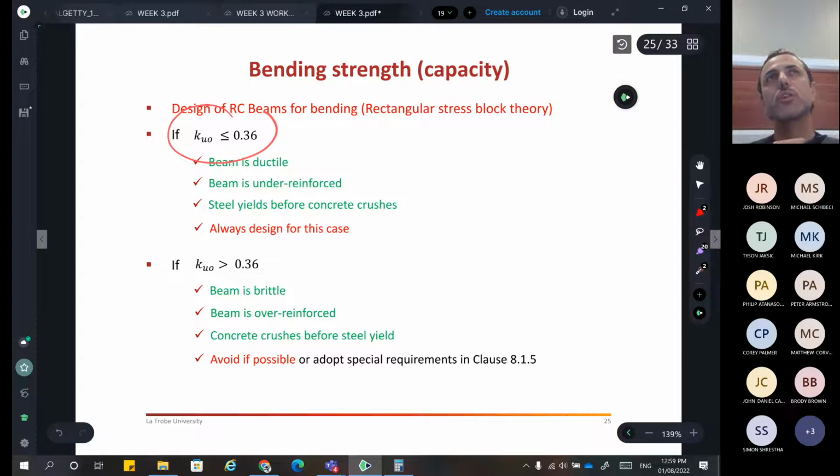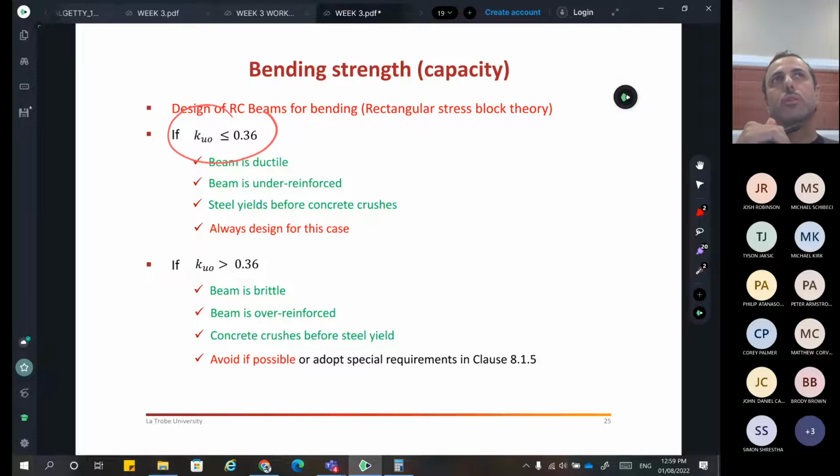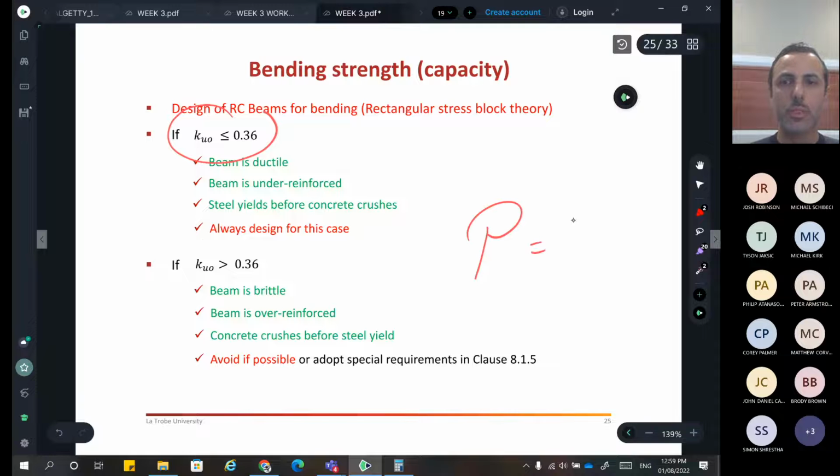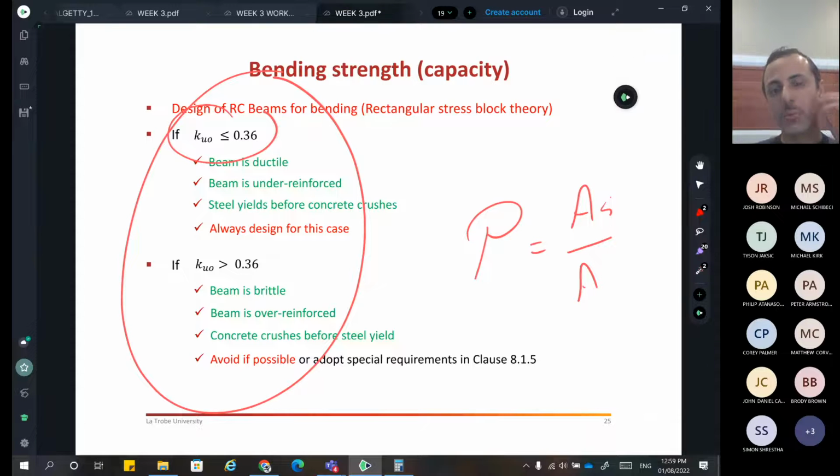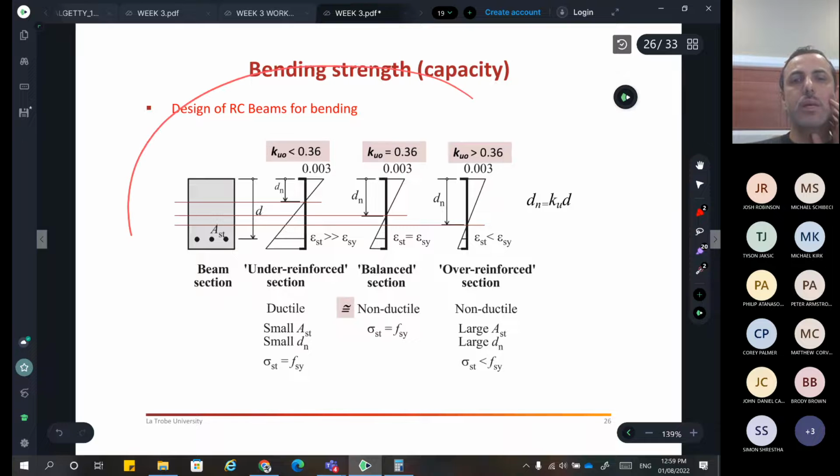Remember when I said to you, we need to make sure the beams are ductile enough. One of the ways to do this is to look at the steel ratio, the rho, which was equal to the area of steel over the area of the concrete. We have another check to do for this as well, to do with the ku, and we will talk to you about this. One thing I want to mention, we will visit these things.